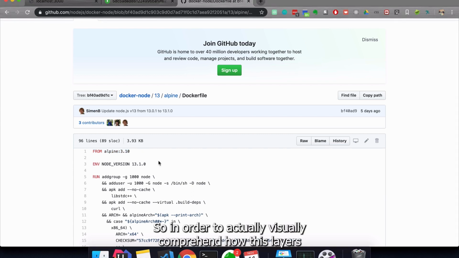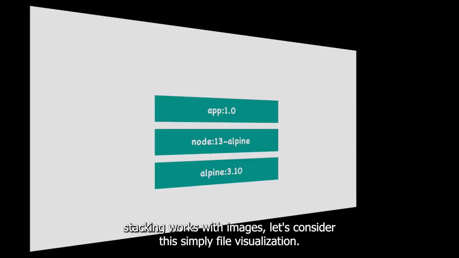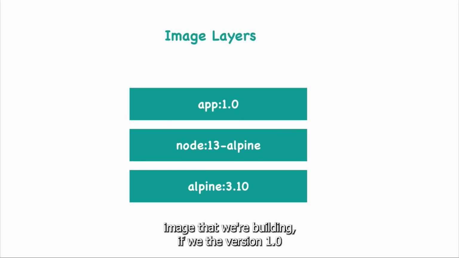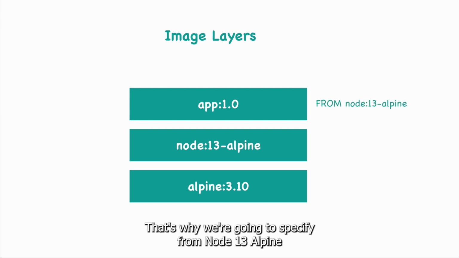In order to visually comprehend how this layer stacking works with images, let's consider this simplified visualization. Our own image that we're building, app with version 1.0, is going to be based on a node image with a specific version. That's why we're going to specify FROM node 13-alpine.